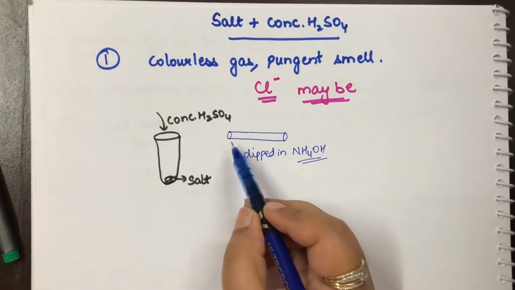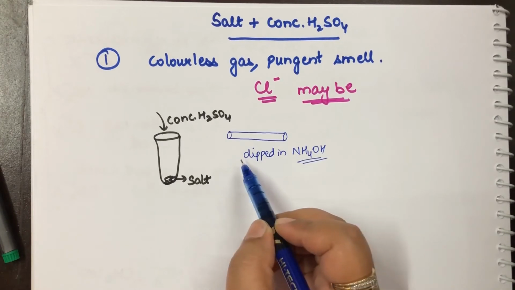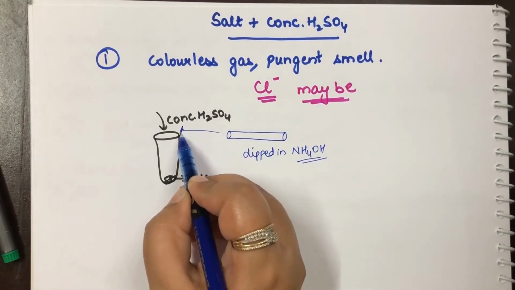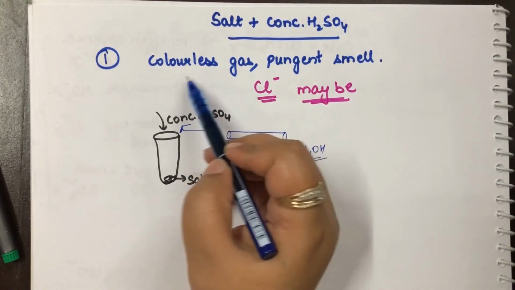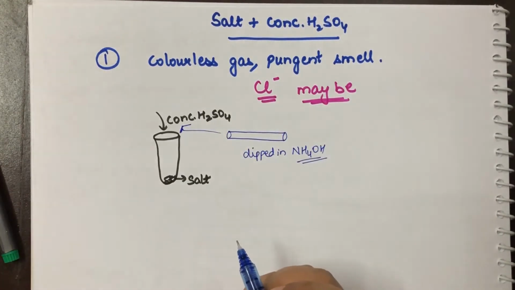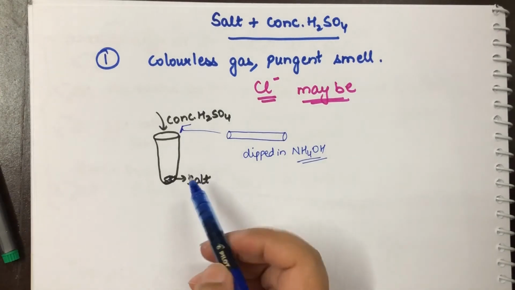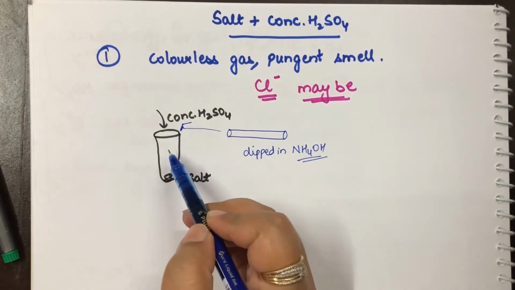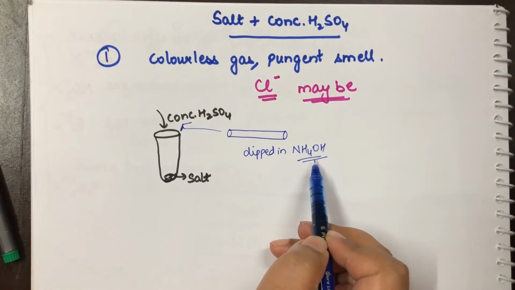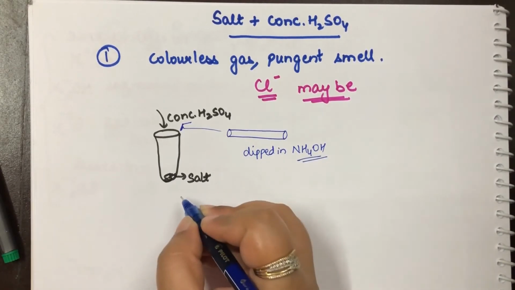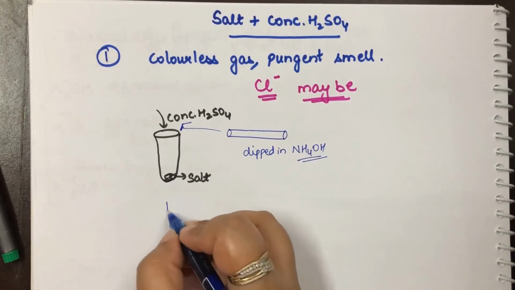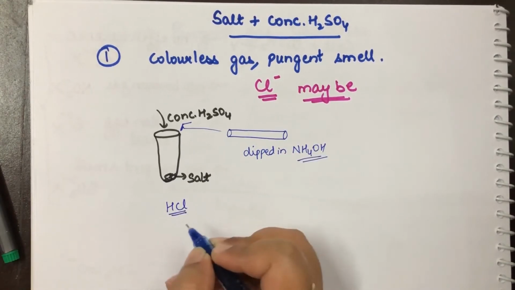So you bring a glass rod dipped in NH4OH to the mouth of the test tube, because we know that a pungent-smelling colorless gas was evolving out of the test tube. The outcoming gas from this test tube will interact with NH4OH, right? Let's suppose the chloride was there. So what would be coming out from here? HCl gas would be coming out.